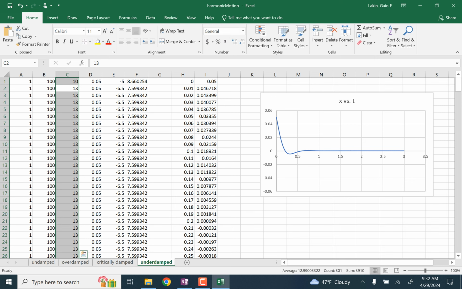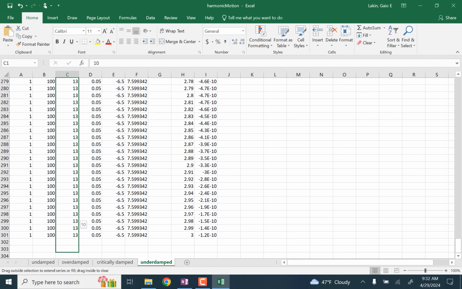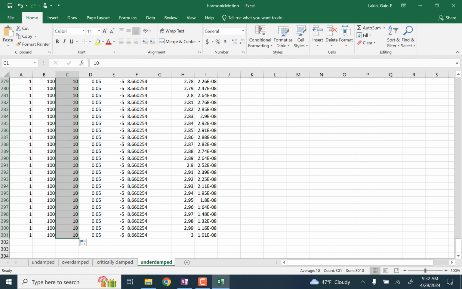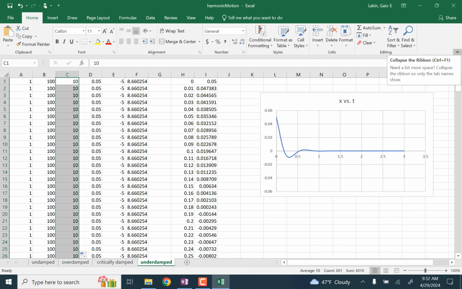Make it 10. And little by little, you're starting to see those oscillations come in as it goes from the critically damped case to the underdamped case. That's cool, right?